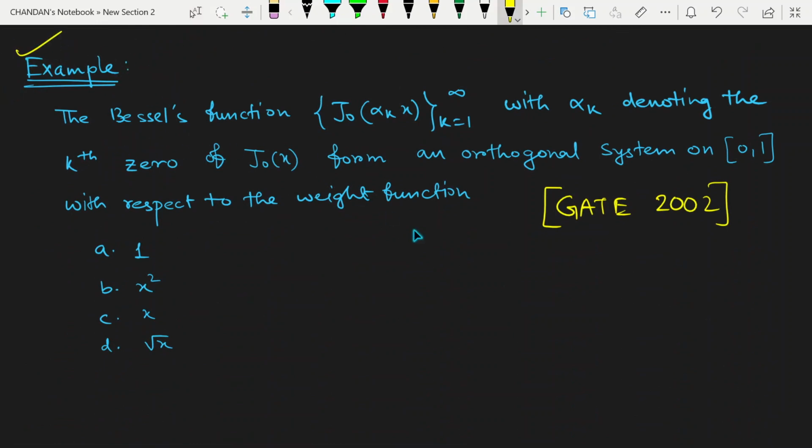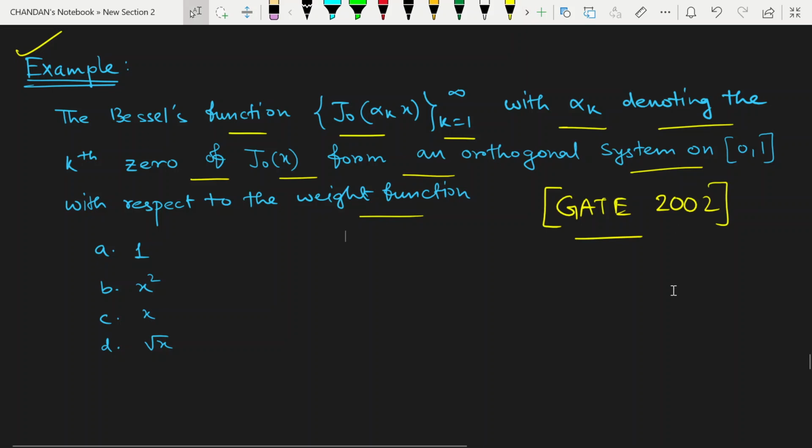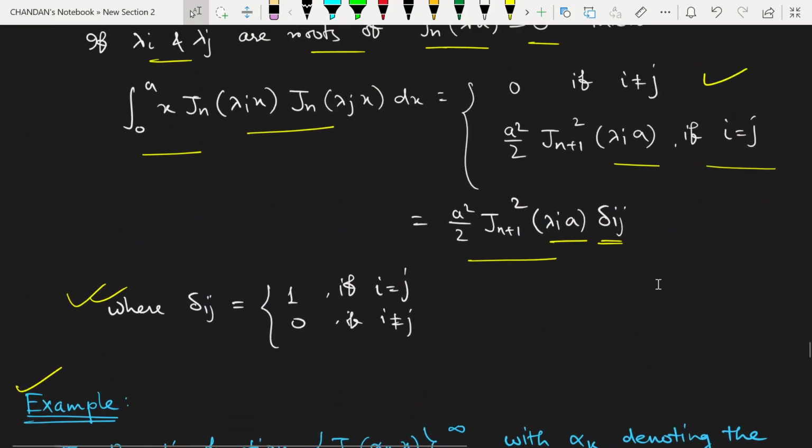Okay, so this is a question from the GATE exam. The question says that the Bessel functions J_0(α_k x), k equal to 1 to infinity, with α_k denoting the k-th zero of J_0(x), form an orthogonal system on [0,1] with respect to the weight function. So here it is a very basic problem, we have to know what the weight function is.